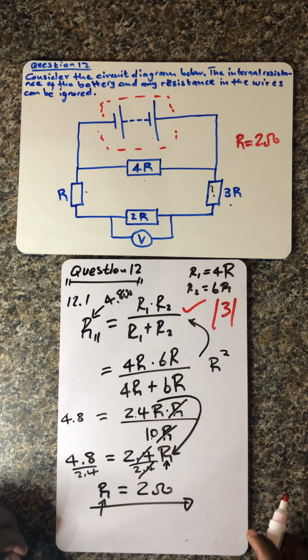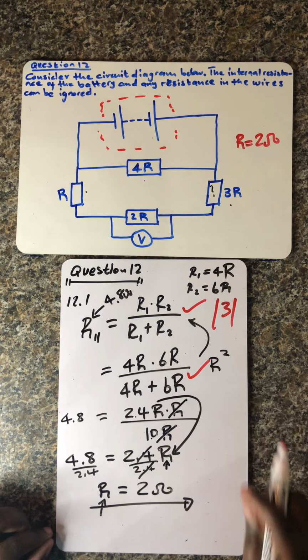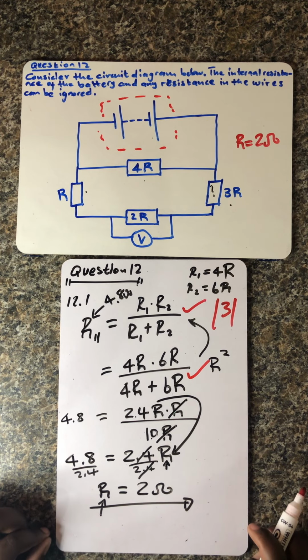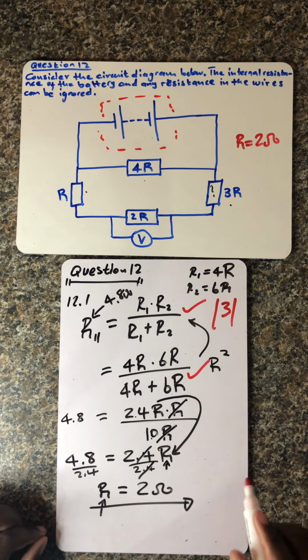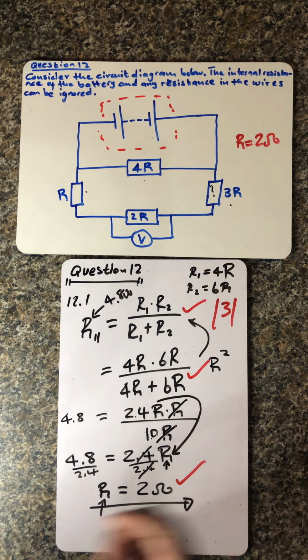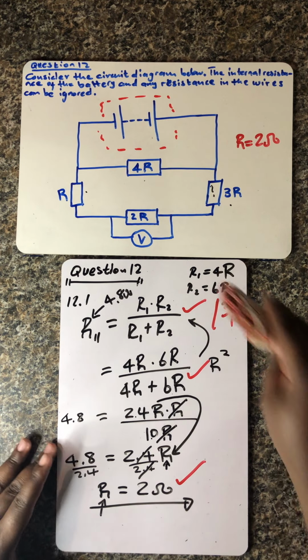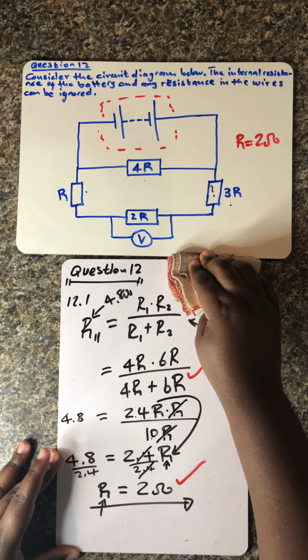They give you a mark just for writing the correct formula. From there they give you a mark for correct substitution. Then they give you a mark for the final answer. So this is how you score your 3 marks for the first question. I hope you're ready to move to the next question.